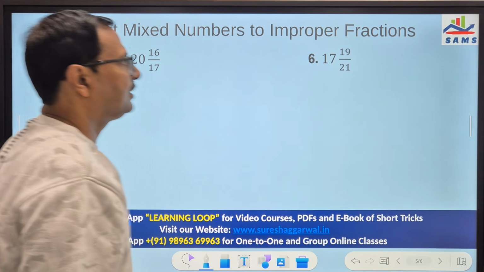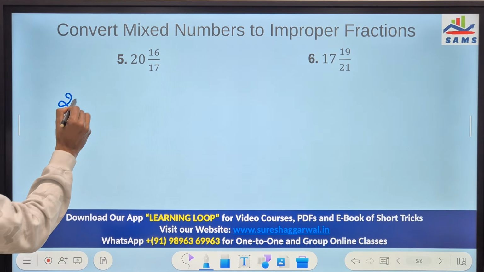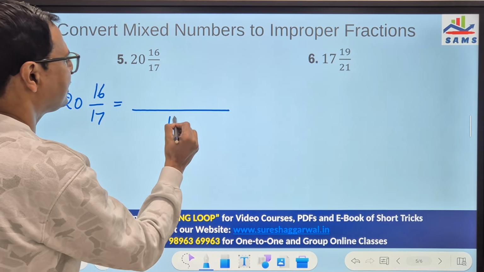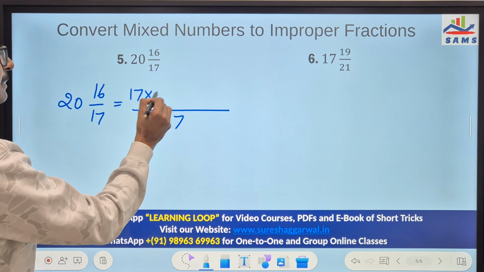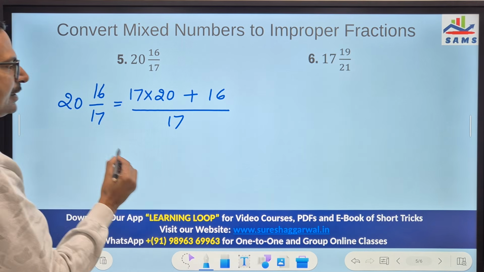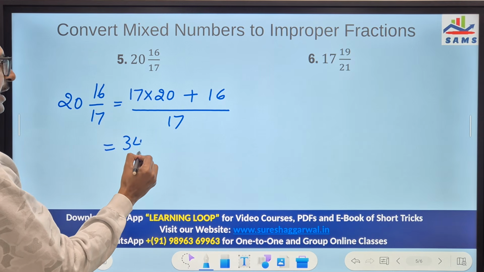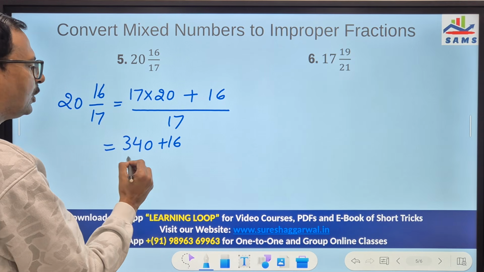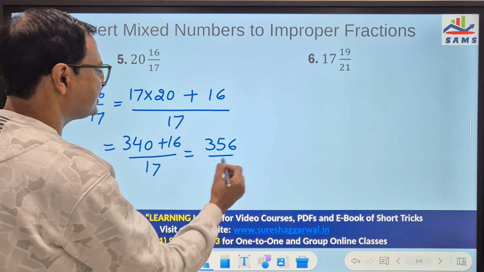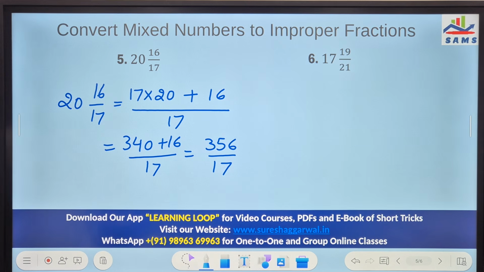Likewise, let's see this 20 16 by 17. 17 is the obvious divisor. Start with the divisor, multiply it by the quotient 20, and add the remainder 16 to that. You get 340 plus 16 upon 17, which is 356 upon 17, improper fraction.